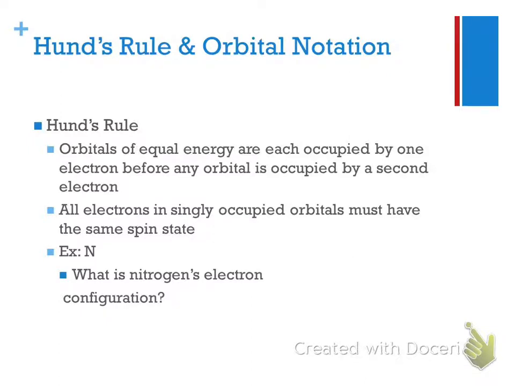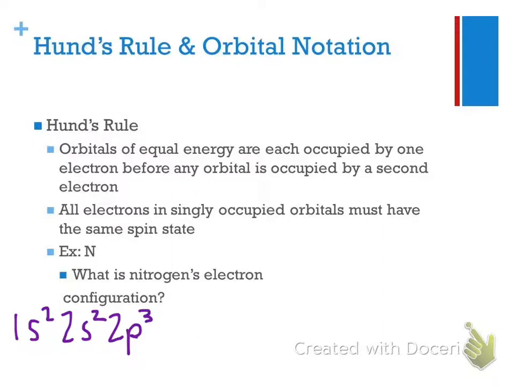Okay, so let's look at nitrogen. Give me the electron configuration for nitrogen, which is 1s2, 2s2, that kind of thing. 1s2, 2s2, 2p what? 2p3.